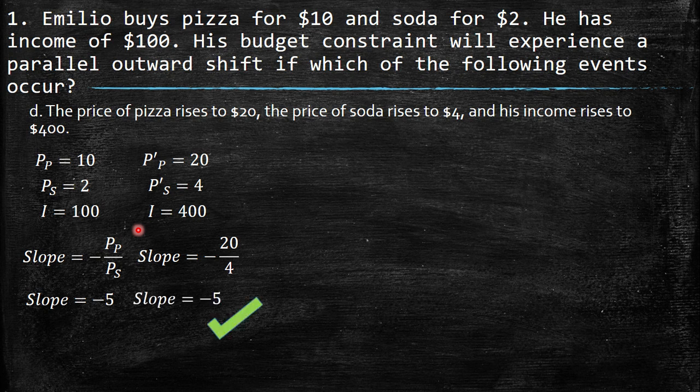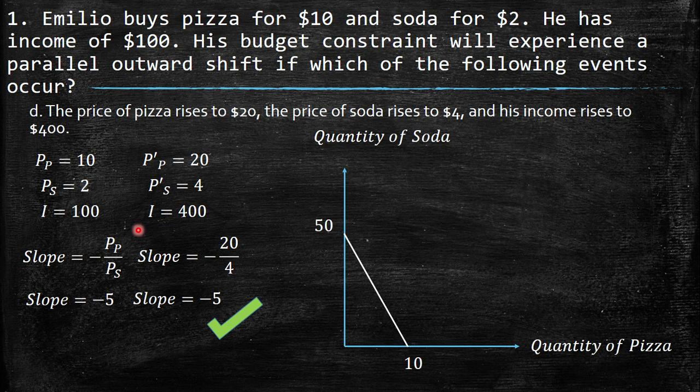The slope is exactly the same, so we are okay here. Then the initial situation, we have this one, and then 400, which is the income, over 20, which is the price of pizza, should be equal to 20. And the other one is 400 over 4, which is the quantity of soda, which should be 100.